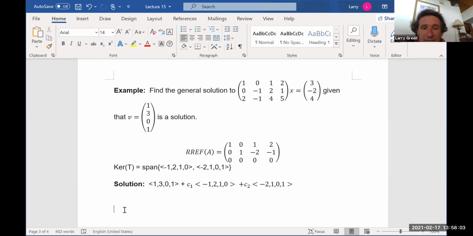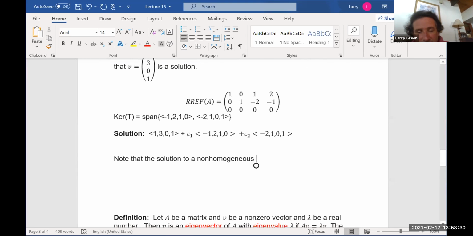Do you agree? The 0 vector is not in this because if you take that matrix and multiply by the 0 vector, you don't get 3, negative 2, 4. So note that the solution space, or let's just say the solution to a non-homogeneous equation, is not a subspace.